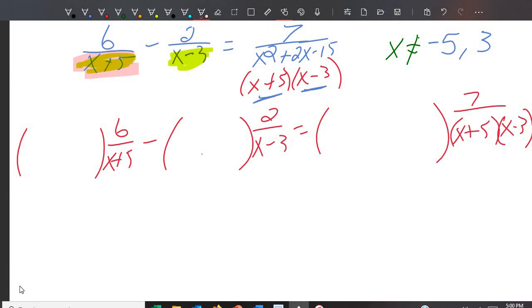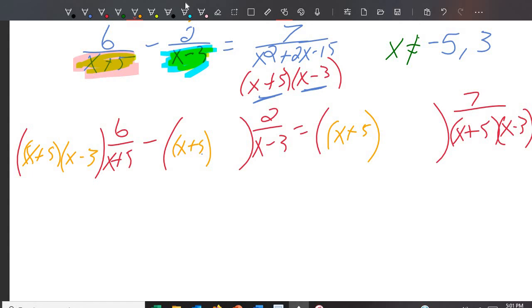That's one of my denominators. That's one of the binomials that goes in the parentheses. This binomial will also go in the parentheses. Remember, whatever binomial is in the bottom, that has to go in your parentheses for your LCD.